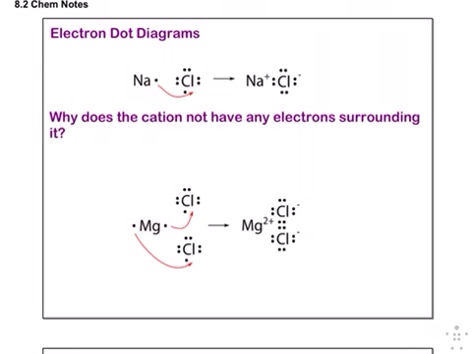So sometimes scientists use electron dot diagrams to show these bonds. If we look at sodium, sodium has 1 valence electron right here, and chlorine has 7 valence electrons. So the 1 valence electron of sodium will join in on chlorine, so that chlorine has a complete 8.